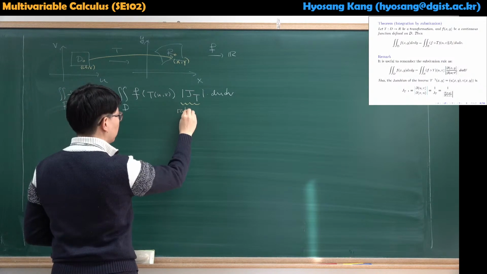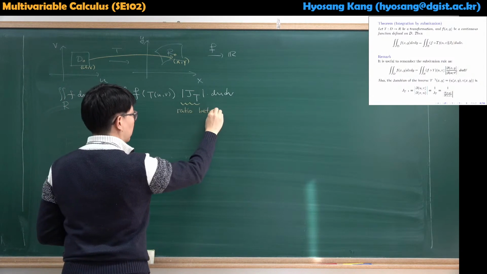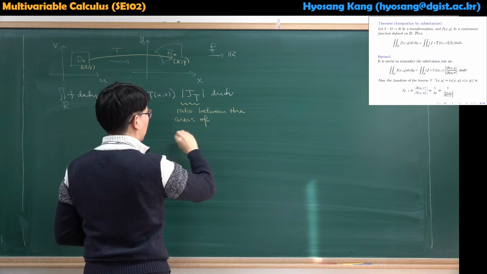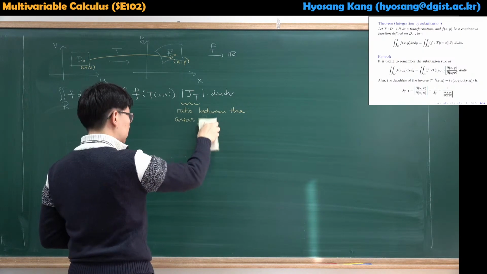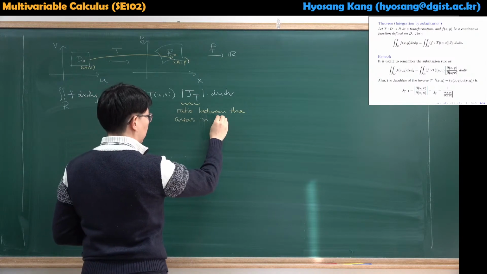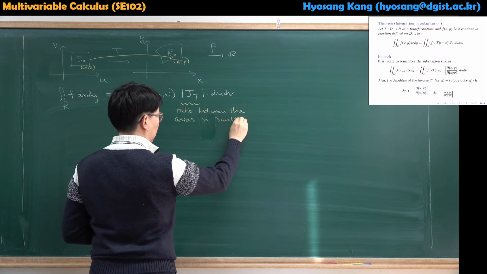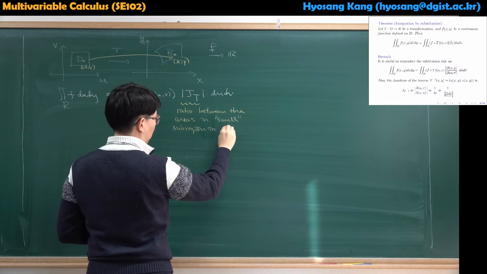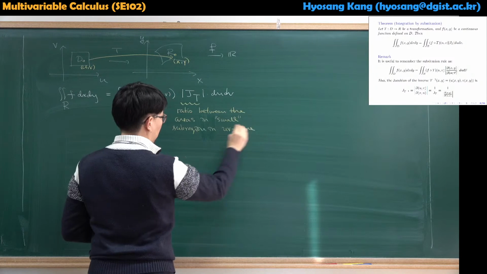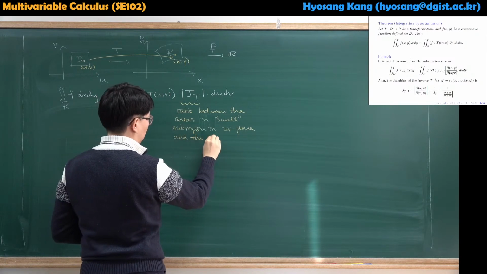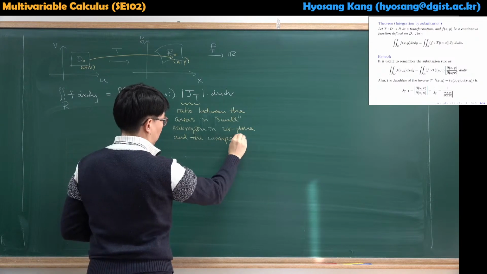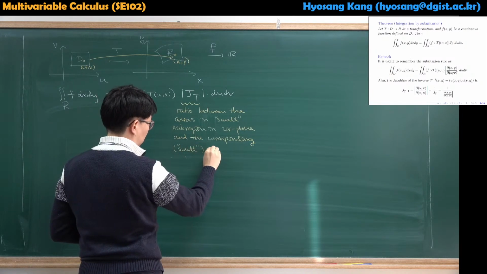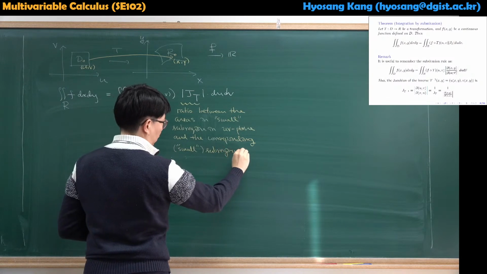So this is the ratio between the areas in a small subregion in the uv plane and the corresponding also small subregion in the xy plane.